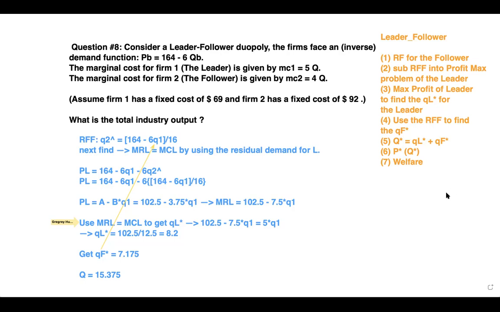Okay, maybe not. Okay, Steven. Oh yeah, I'm here. Sorry, Professor. So Miles, work on the consumer surplus with Steven, okay? Consumer surplus for this model.